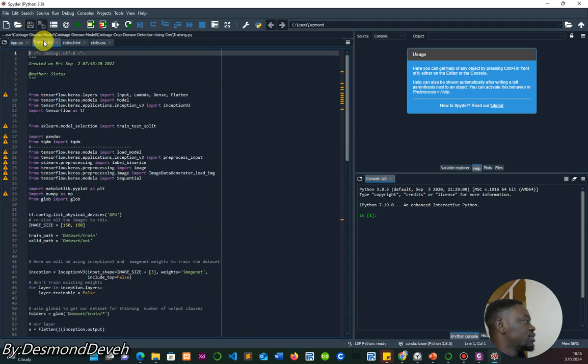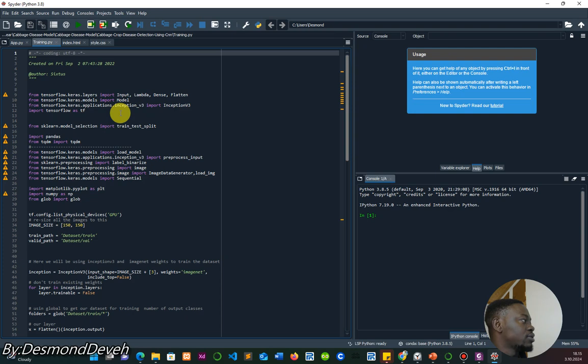So this is the training. In the training, I have to train the images so that the algorithm will be able to understand what I want to do. I have to train the model I'm creating, the model I want to use to detect the diseases. The whole idea is that we came to discover that some of the farmers struggle to supervise their farm, and some of them also hardly understand the kind of infection that is affecting the plants.